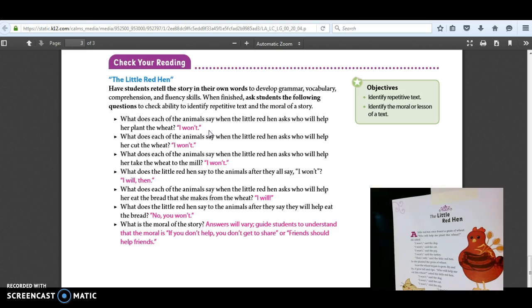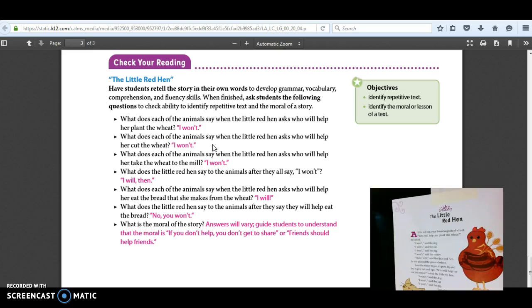If you told your Learning Coach that the animals said, "I won't," you are correct. Next question. What does each of the animals say when the little red hen asks who will help her cut the wheat? Tell your Learning Coach the answer. If you said, "I won't," then you are correct.